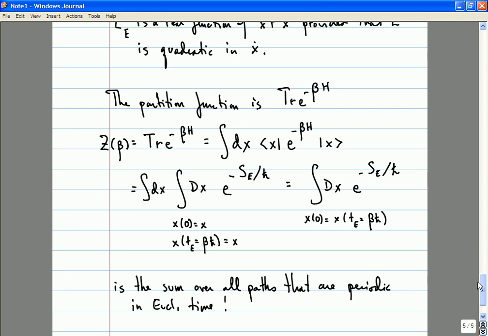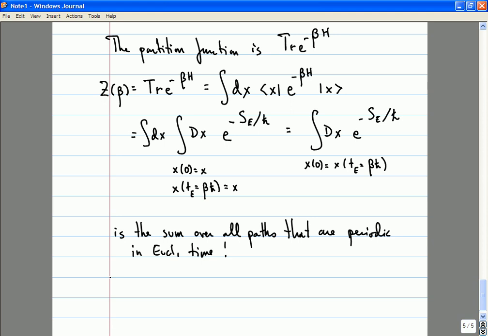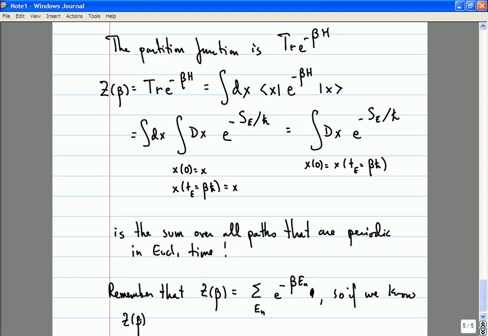So remember that Z of beta for a standard quantum mechanical system is the trace of e to the minus beta H, otherwise known as the sum over all of the energy eigenstates, En, e to the minus beta En. So if we know Z of beta, we know the energy eigenstates.